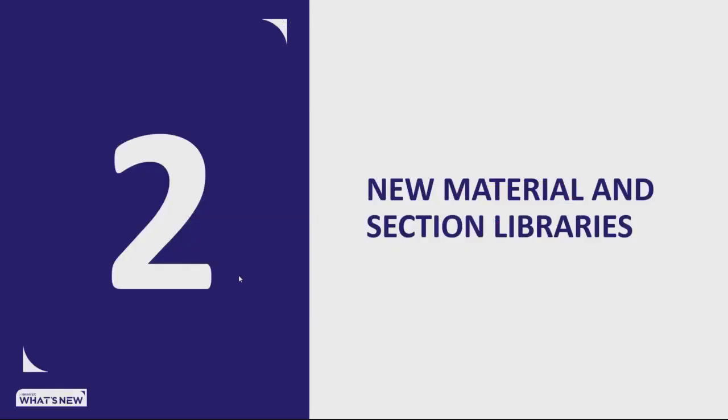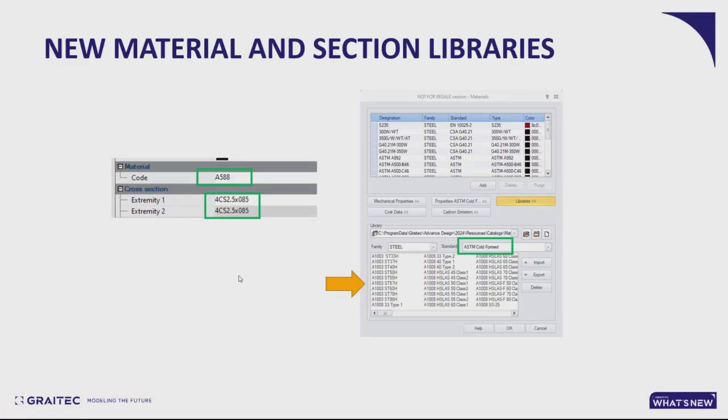So we also have updated our libraries for material and sections for cold form sections. If I go to the next slide, you will see that here now in the properties of the member, you have the option to define any type of cold form material and all of the standard cold form sections.